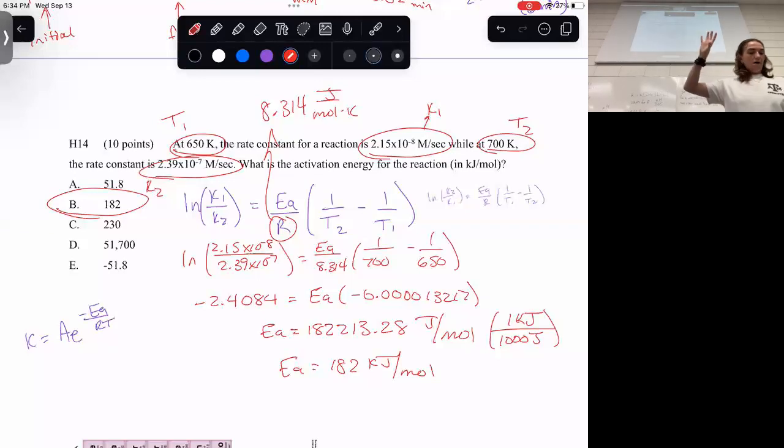I did my temperatures first, subtracted those, and then divided by the 8.314. Yep, so you just want to make sure you have extra parentheses.